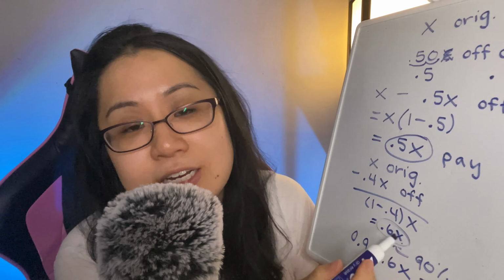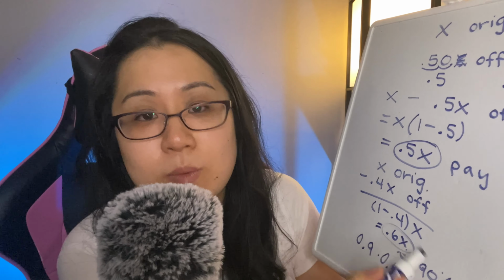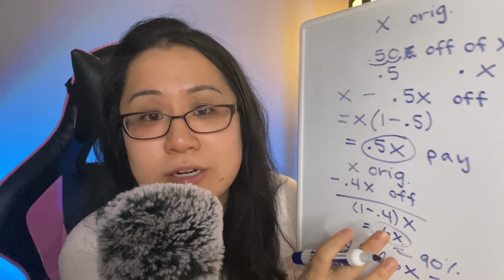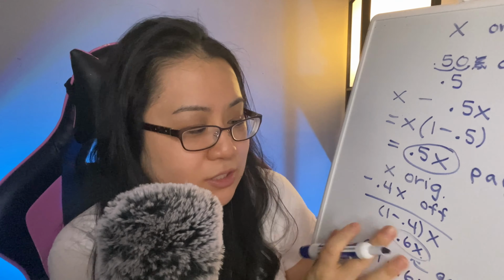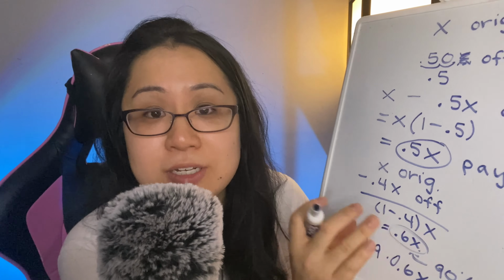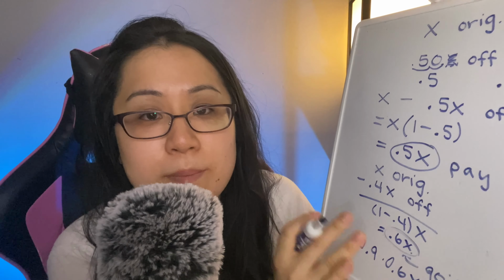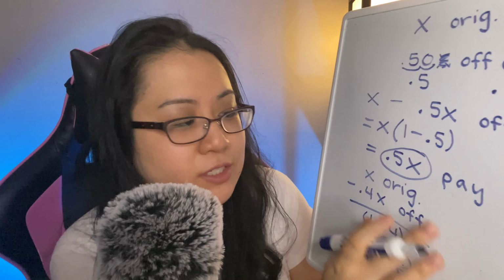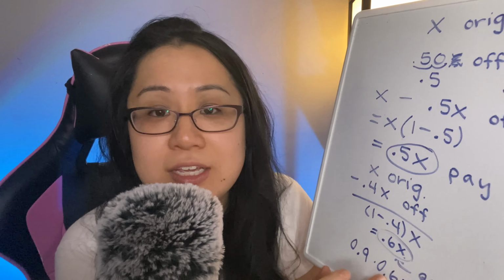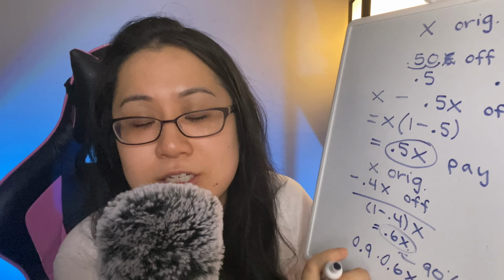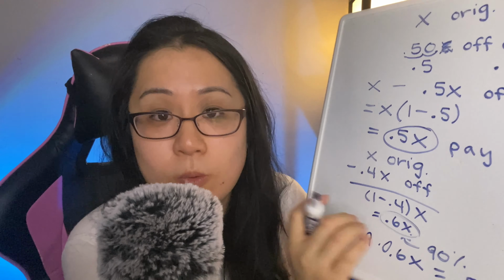But if you needed an intermediate step, you could set this as y and say 10% off that y, but then you would trace it back to that original value. So you don't have to let the x or the variables scare you. Just remember conceptually that this 0.6x is what you end up paying relative to this original x price, but that whole thing is a dollar amount, and then when you take an additional 10% off there, you treat it as though that whole amount is one thing.